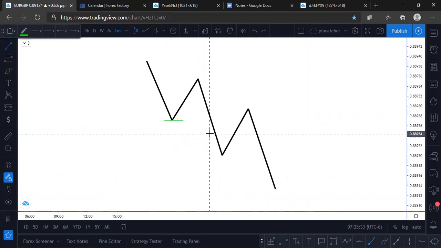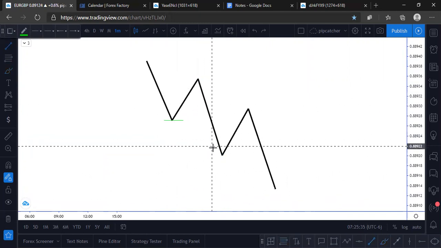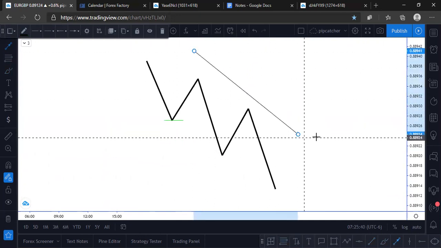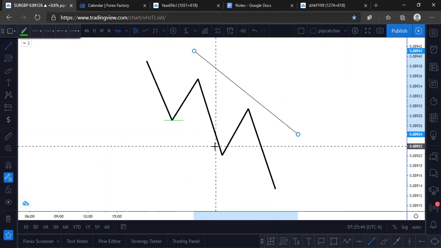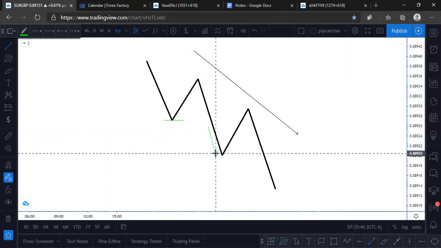There might be some lower time frame bullish price action, considering that we are in a higher time frame downtrend. So after, you might start to see something like this.